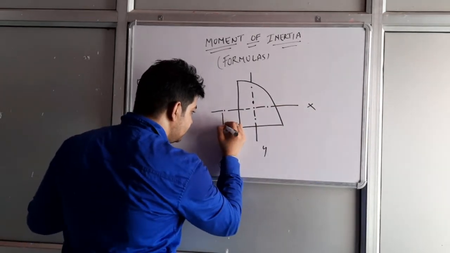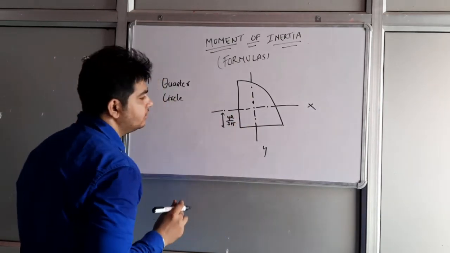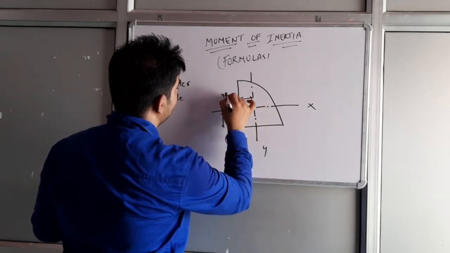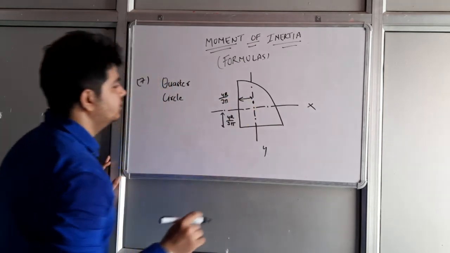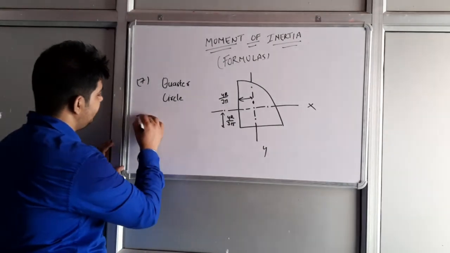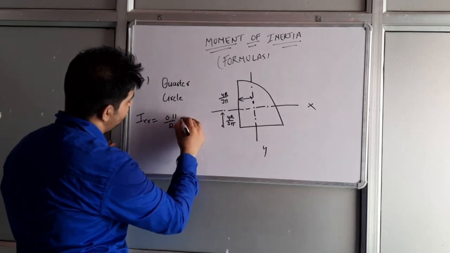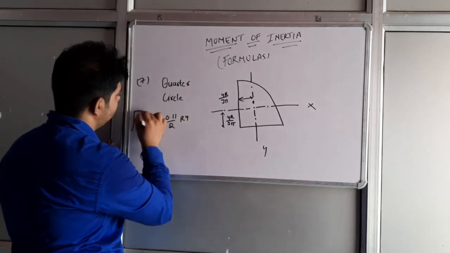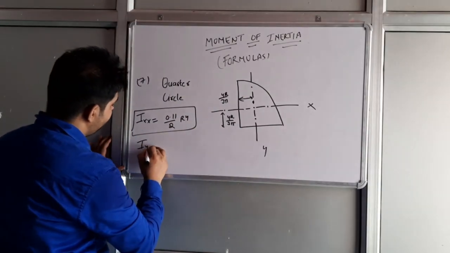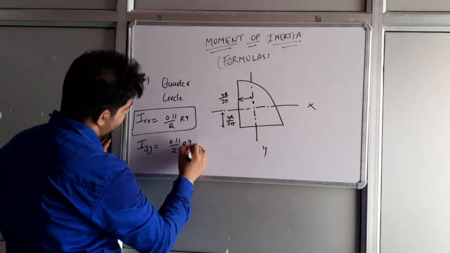The distance between the centroid and the base will be 4r upon 3 pi, and this distance also will be 4r upon 3 pi. So the moment of inertia for quarter circle about x-axis will be 0.11 divided by 2 r to the power 4. Also for Iyy it will be the same as x-axis.